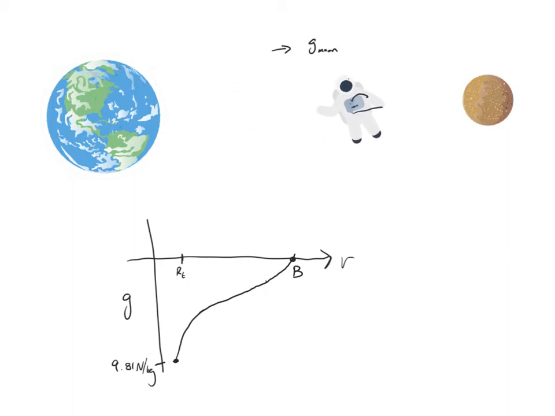So instead of going to infinity, the gravitational field strength of the Moon and the Earth will end up cancelling at around a point close to the Moon.